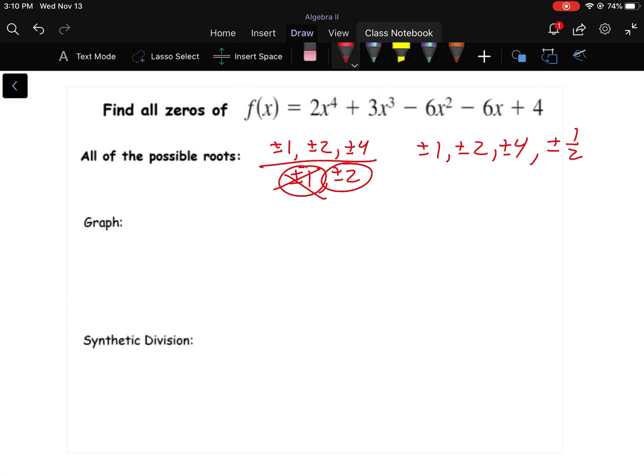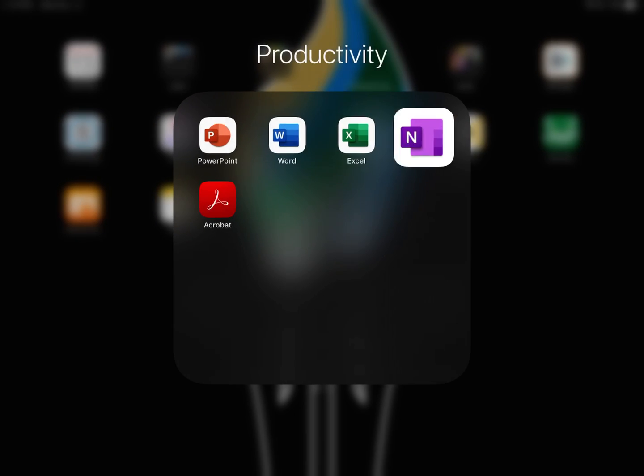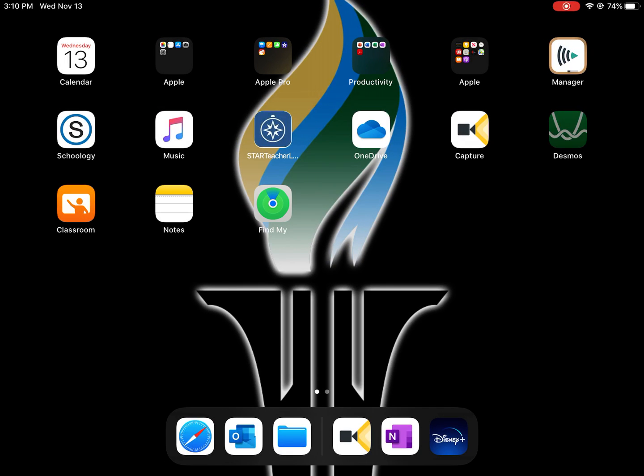But I've got 2x to the 4th plus 3x to the 3rd minus 6x to the 2nd minus 6x plus 4. And I'm going to leave here for a second, and I'm going to go to Desmos.